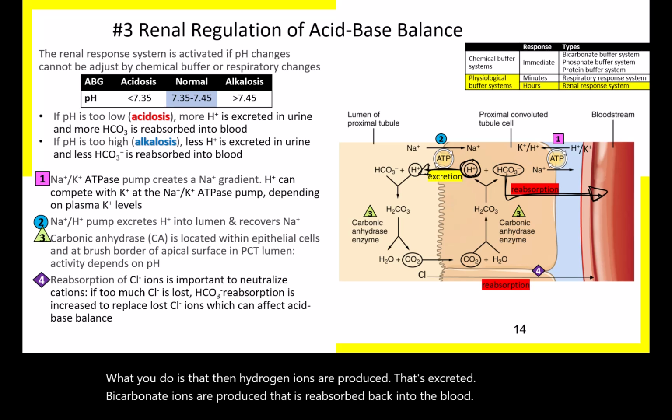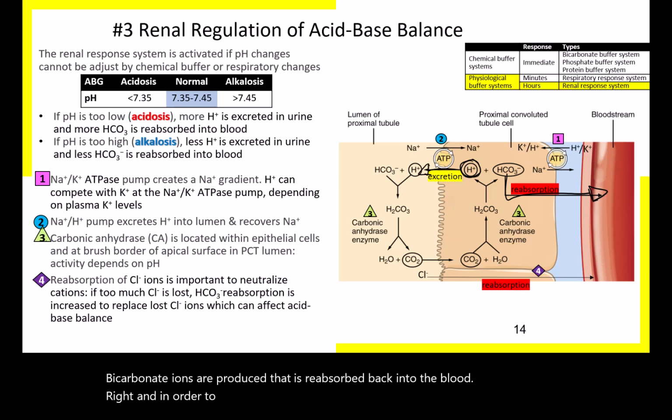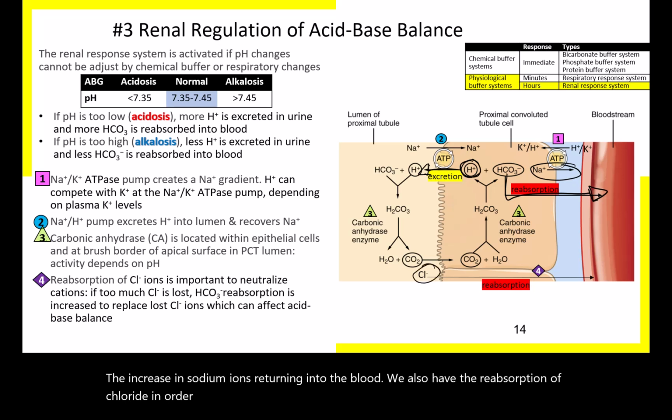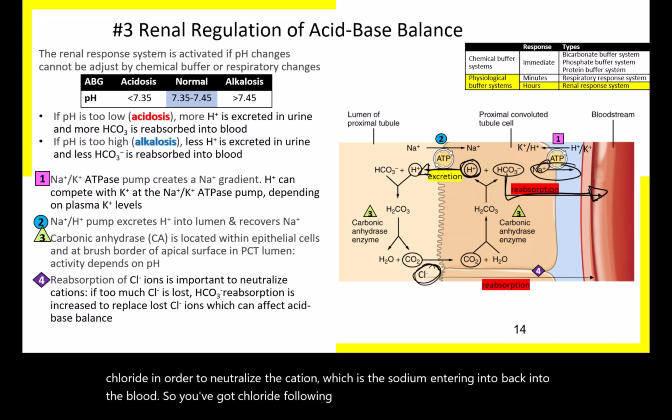And in order to balance the increase in sodium ions returning into the blood, we also have the reabsorption of chloride in order to neutralize the cation, which is the sodium entering back into the blood. So you've got chloride following where sodium goes in order to neutralize the cations.